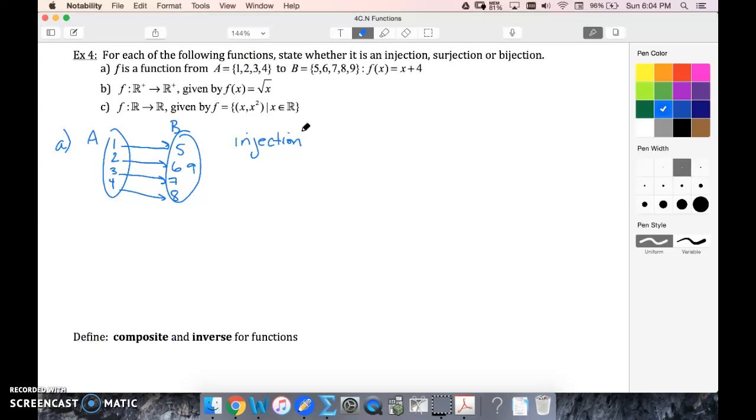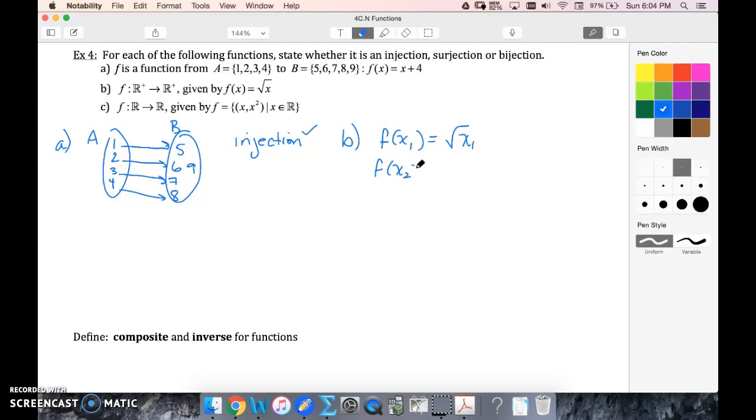So that is true. Let's look at B. We're going from real positive to real positive. F of x is equal to root x. So let's test this one by looking at f of x1 is going to be the square root of x1.